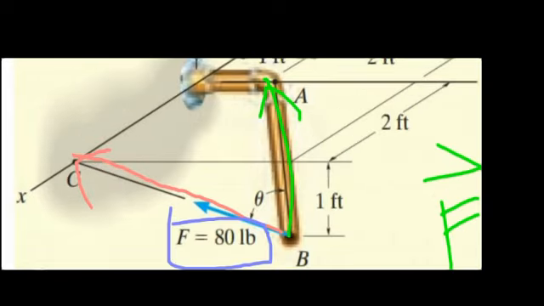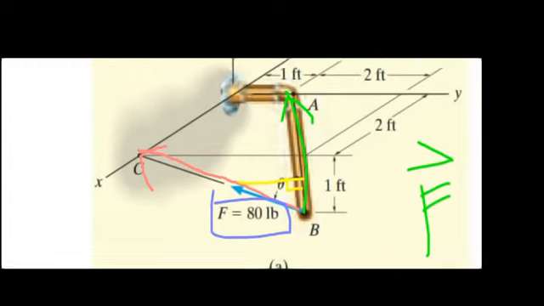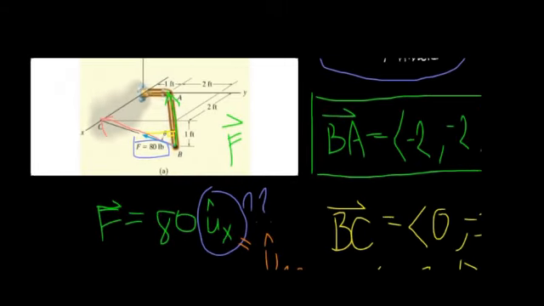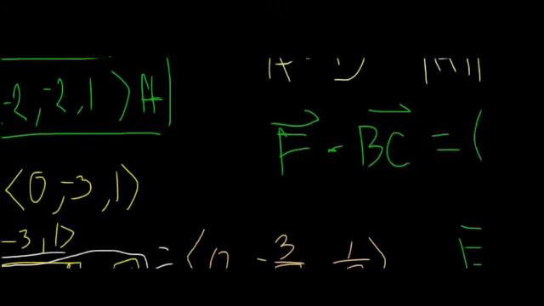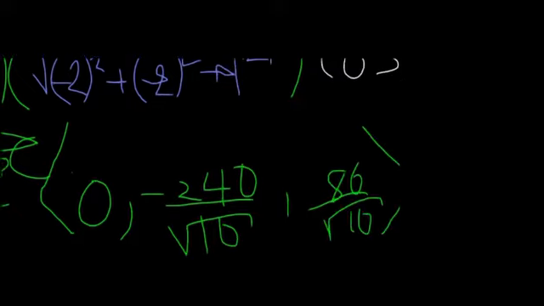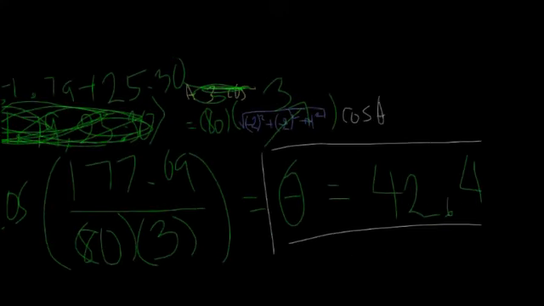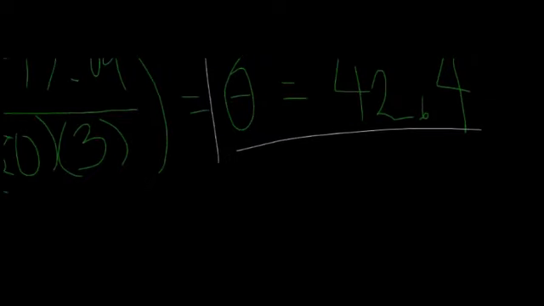All right, let's draw a perpendicular line. And the angle between them is, again, can't remember, it's 42.45 degrees.